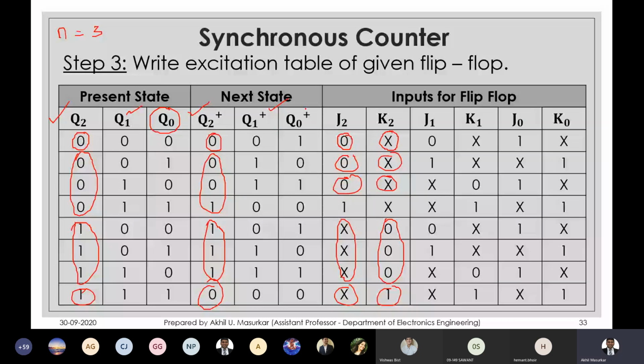So please note this excitation table, and Q1 I will write it in terms of Q1. That will give me J1 and K1.